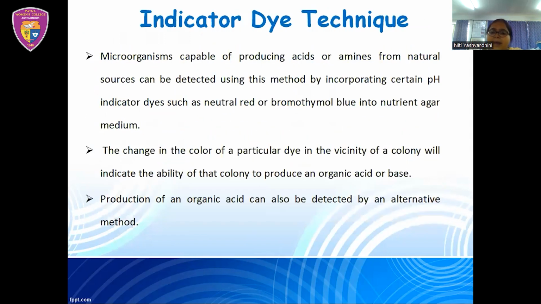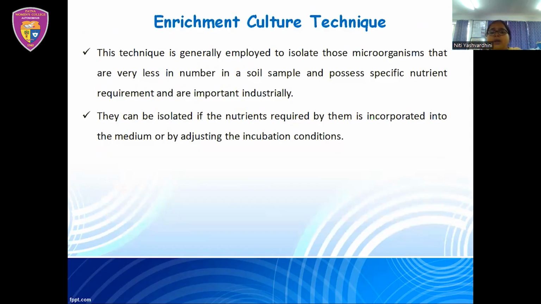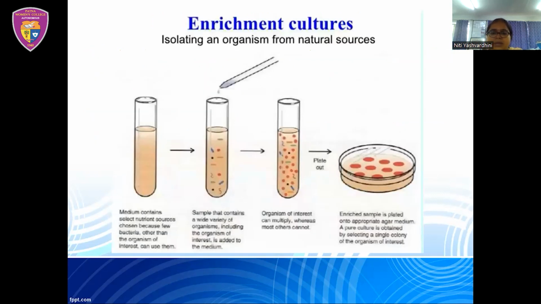Then the indicator dye technique is used to isolate microorganisms which are able to produce organic acids. Then the enrichment culture technique is for microorganisms present in very small numbers which still possess specific nutrient requirements, and that's why they are industrially important. These microorganisms are selected by the enrichment culture technique.